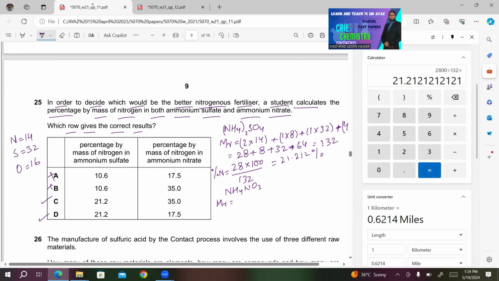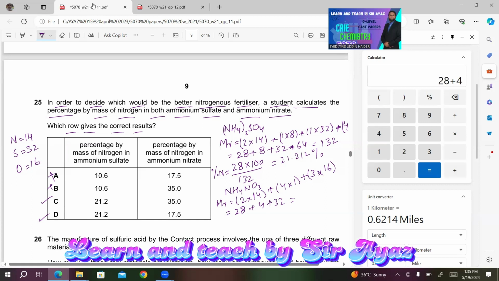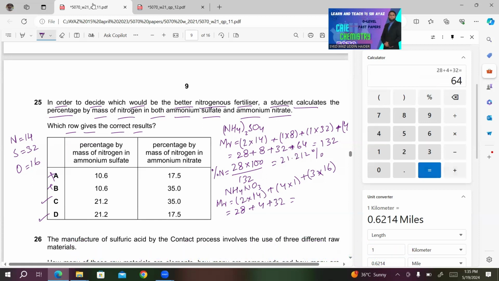We have 2 nitrogen, so 2 multiplied by 14, plus 4 hydrogen, 4 multiplied by 1, plus 3 oxygen, 3 multiplied by 16.